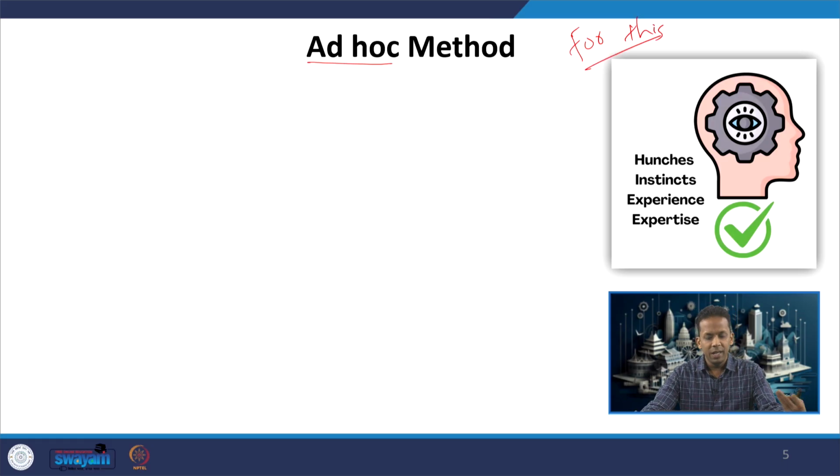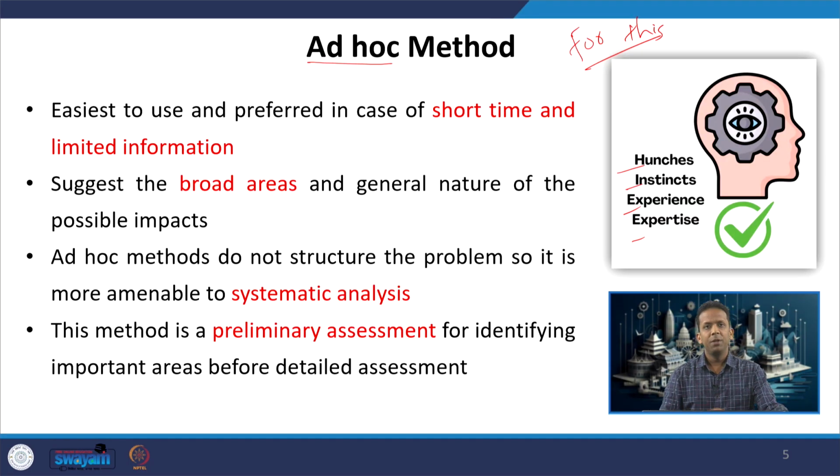Whenever an EIA has to be done using ad hoc method, it will be based on the intuition of the person who is doing it, the instincts, the experience or the expertise of the people involved in conducting that EIA. Ad hoc method is one of the first types of EIA methods which the project proponent usually goes for. It is easiest to use, and preferred if we have short time and limited information.